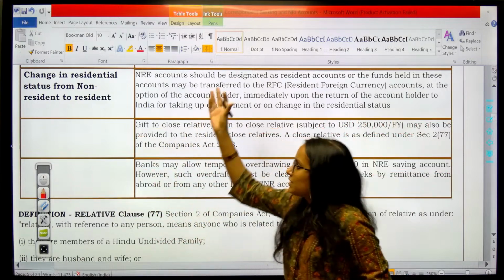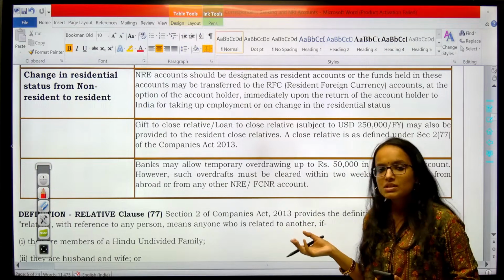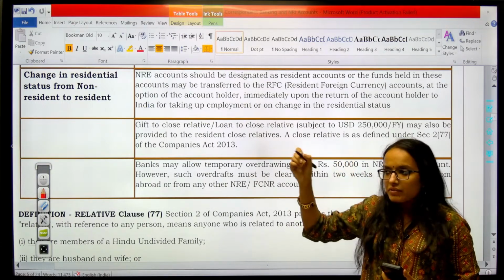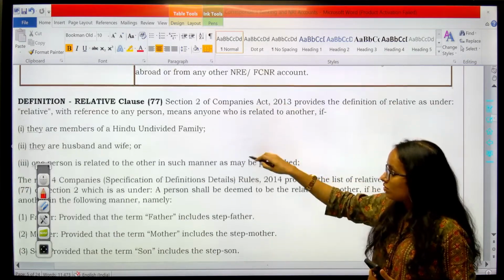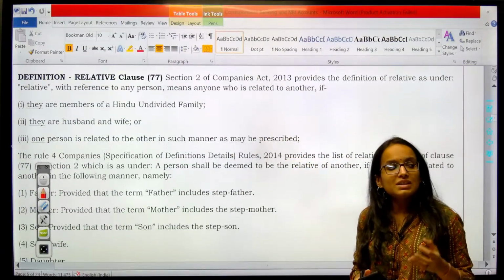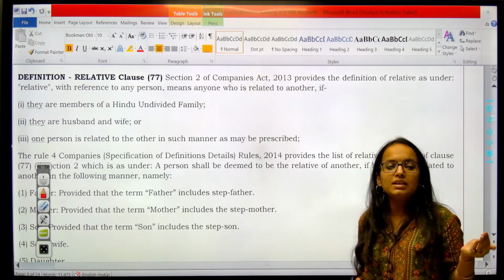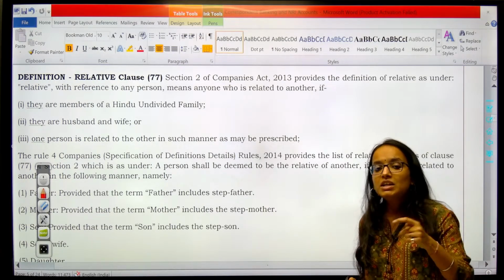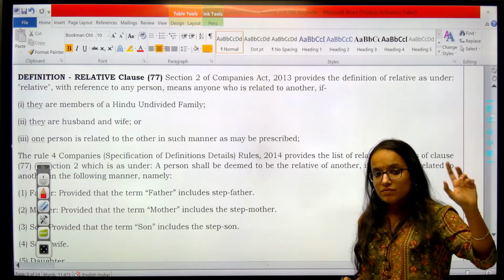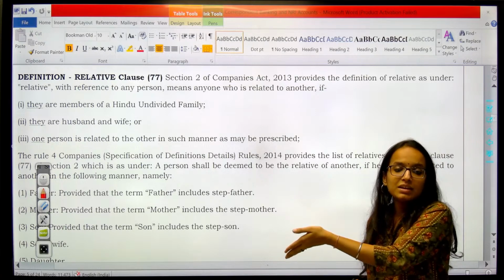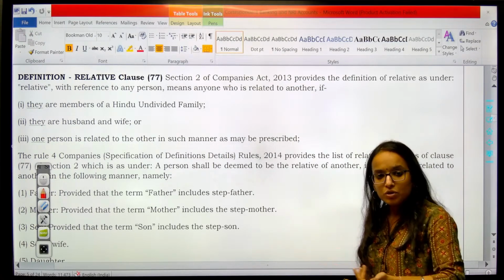Now, as we have seen while describing the provisions about this account, a number of times the relative is referred to as defined by the Companies Act. So what does the Companies Act 2013 give as provisions or criteria to classify someone as the relative of the non-resident? Who can be that relative to whom the NRE account holder can transfer loans, give gifts, who can work as a power of attorney, all these things?